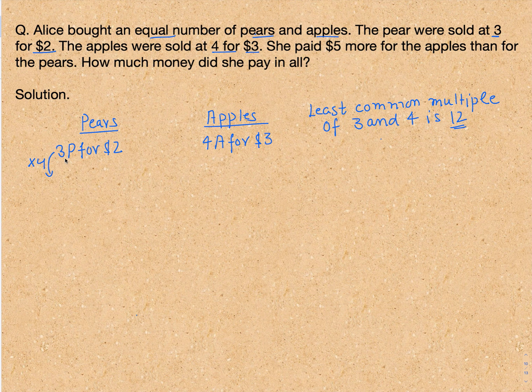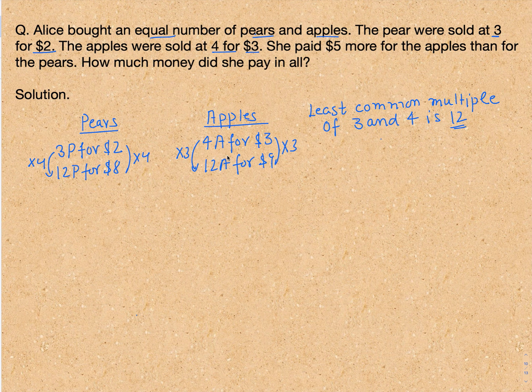Times it by 4, because 3 times 4 gives 12. So 3 pears is $2, so 12 pears will be 2 times 4, $8. Similarly, 4 apples is $3, so 12 apples, which is 4 times 3, will be 3 times 3, $9.